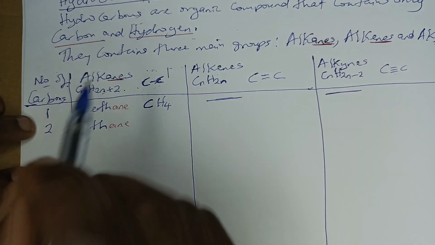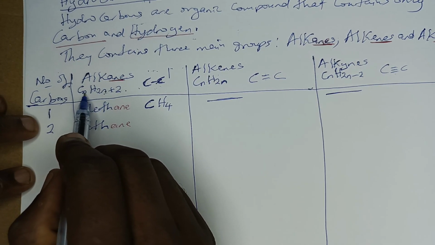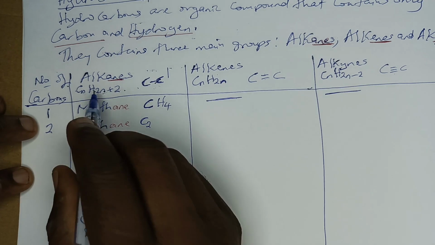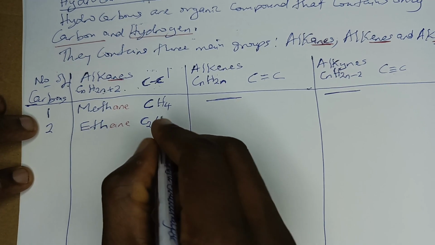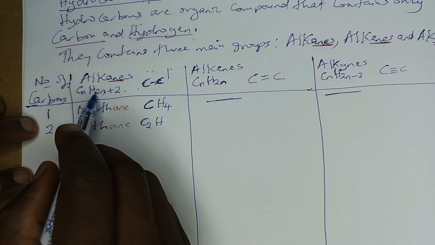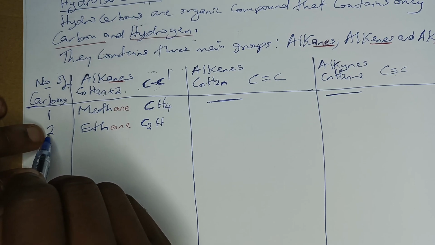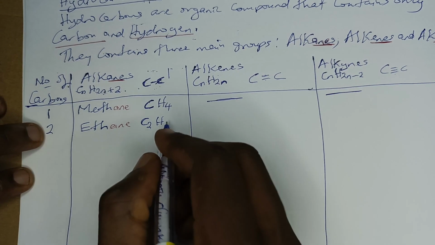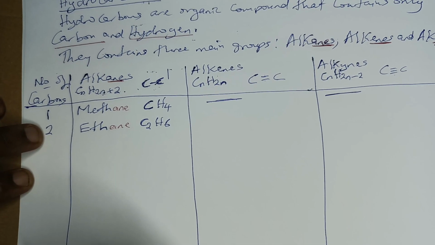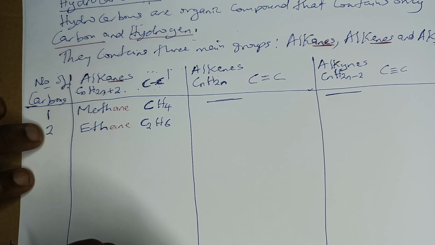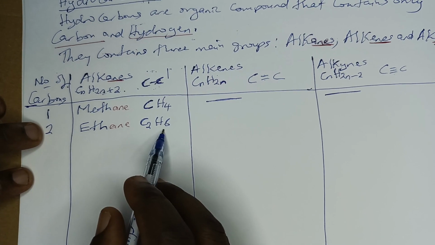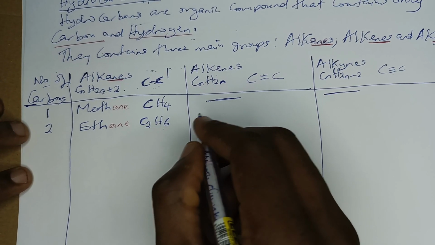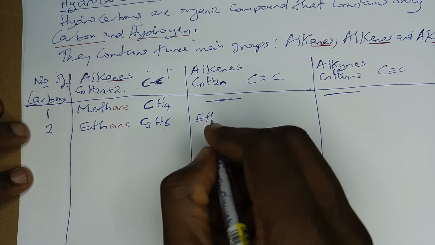In ethane there will be 2 carbons, so C2H. 2 times 2 is 4, 4 plus 2 is 6. So C2H6.